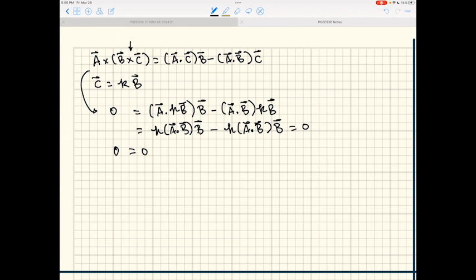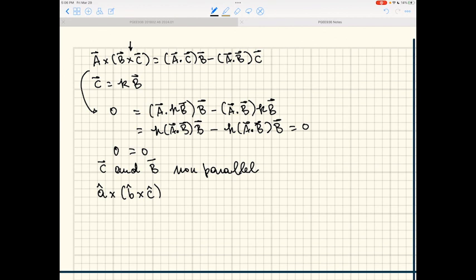Let's make now C and B non-collinear, right? So they have an angle between them, non-parallel, let's say. Instead of working with vectors, let's work with versors. Let's see what is A versor times B cross product with C versor.